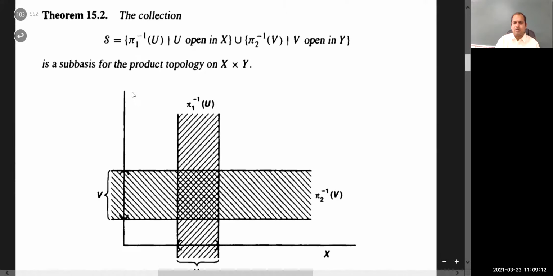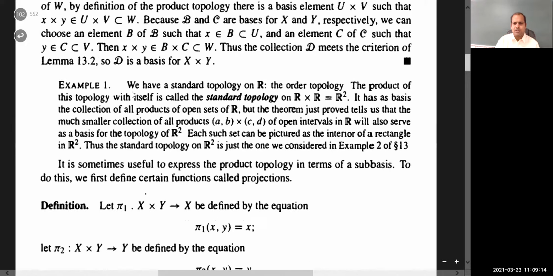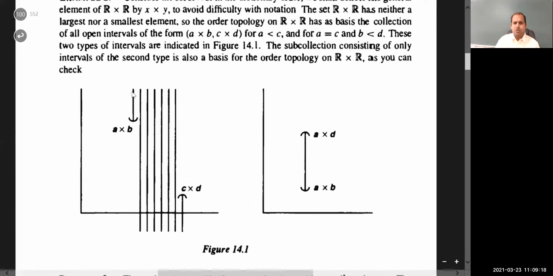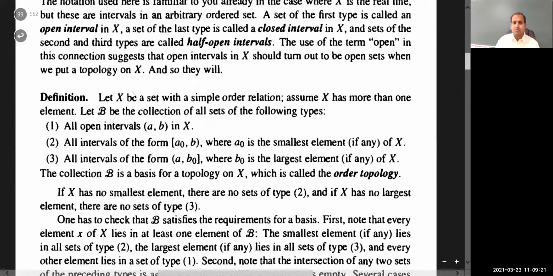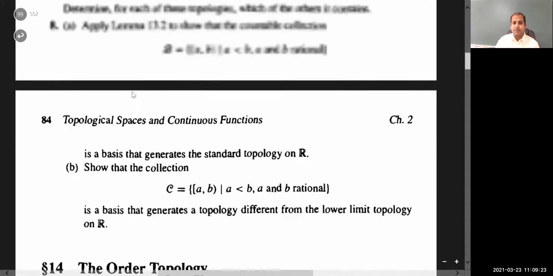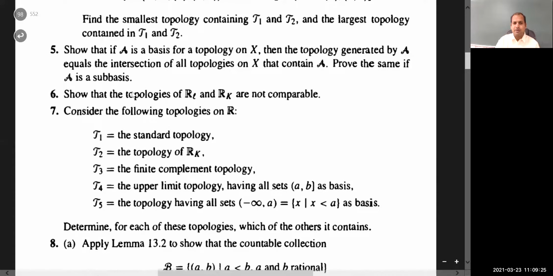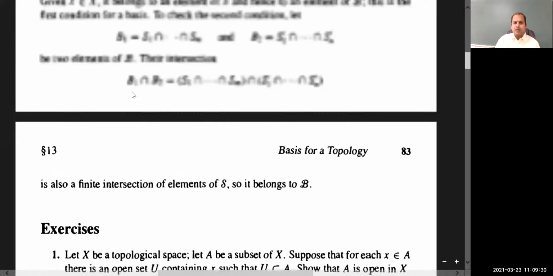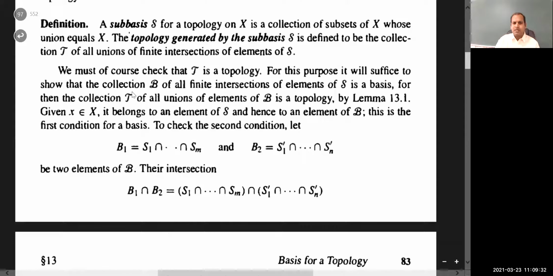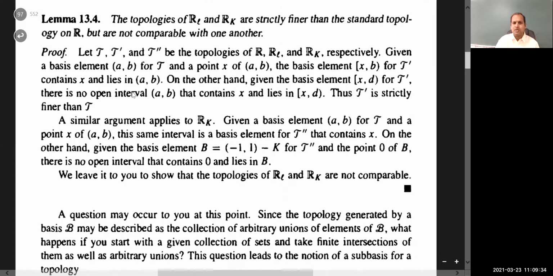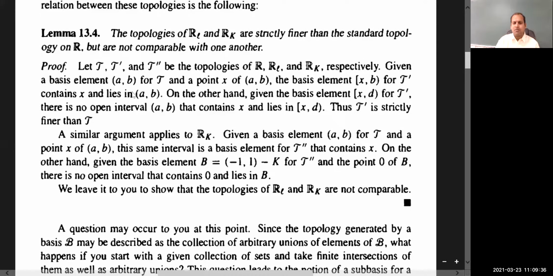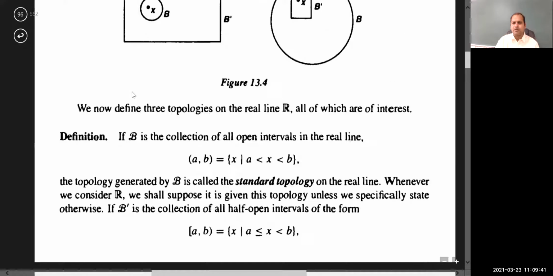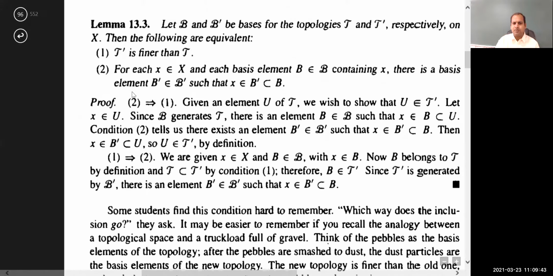Now let me come to that definition which I am referring to here. Up to the standard topology, I mean up to the product topology and the order topology, I will go slowly. Once you understand open sets and basis members with respect to different topologies, then in the rest of the chapter, all the topics next to it are based on this.